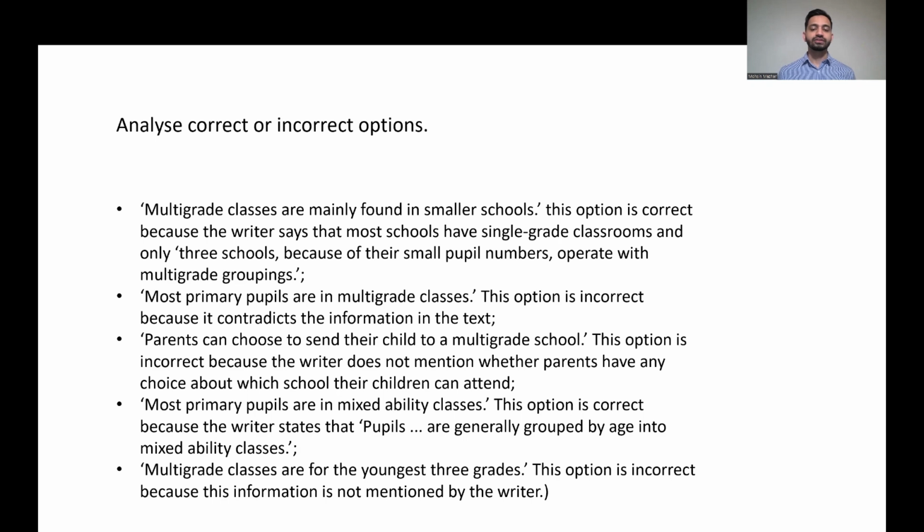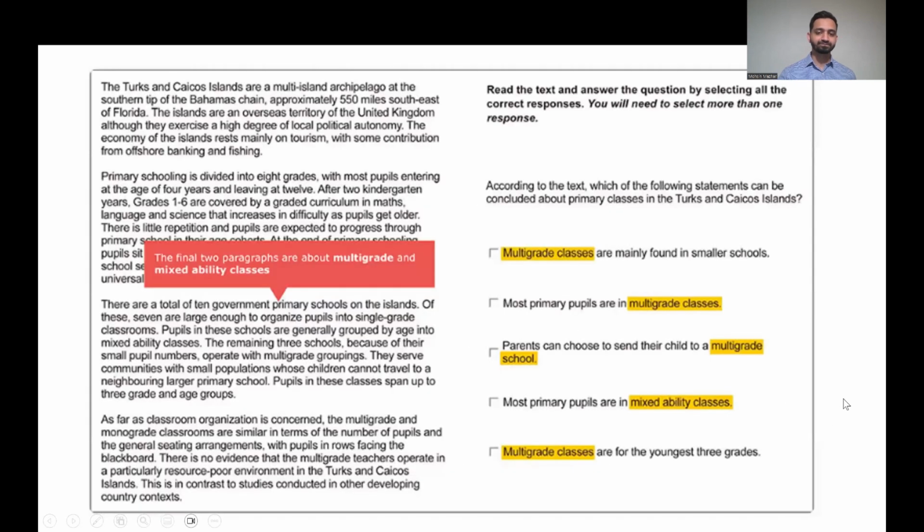Multi-grade classes are for the youngest 3 grades. This option is incorrect because this information is not mentioned by the writer. It does talk about having 3 grades in the smaller group schools, but it doesn't really say that multi-grade classes are only available for the youngest 3 grades. There's nothing mentioned about that.